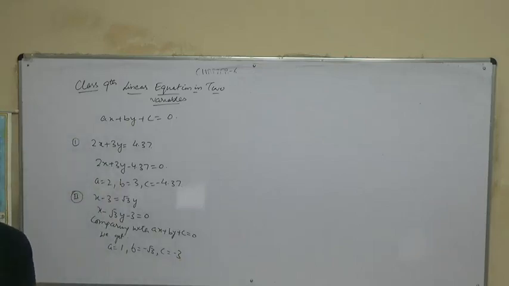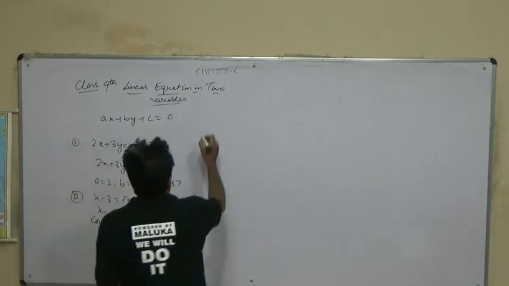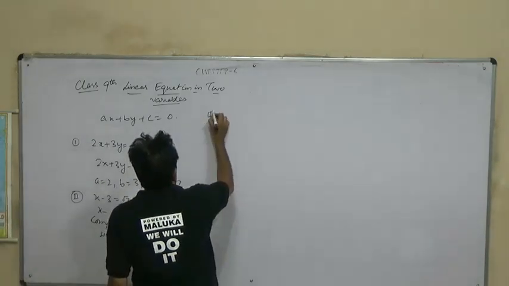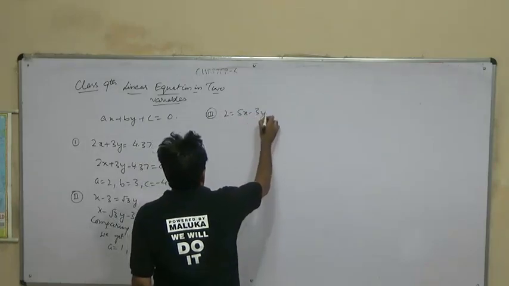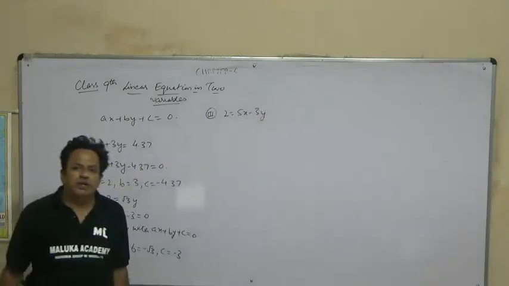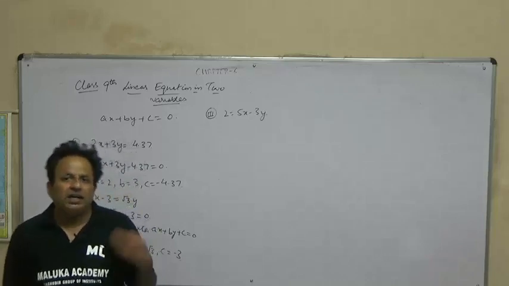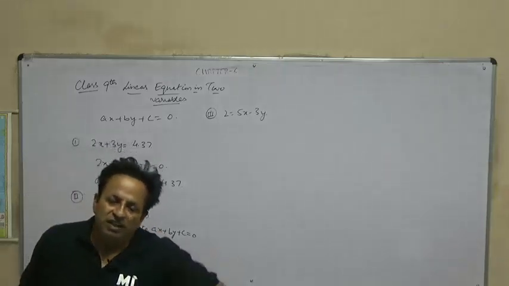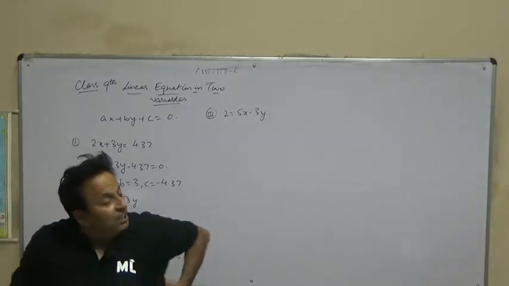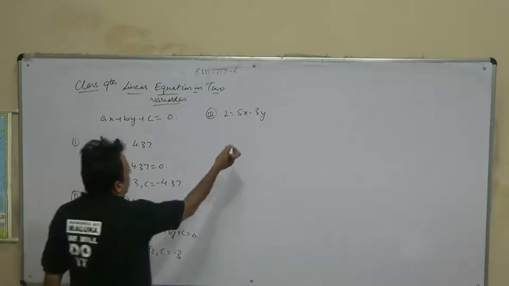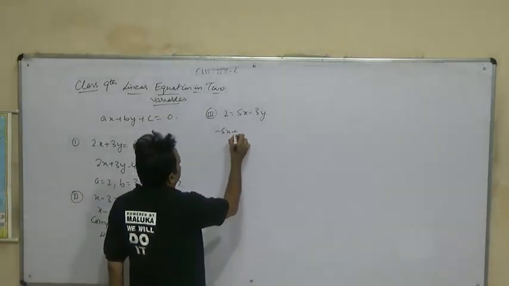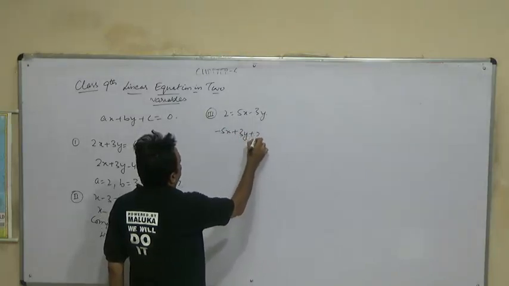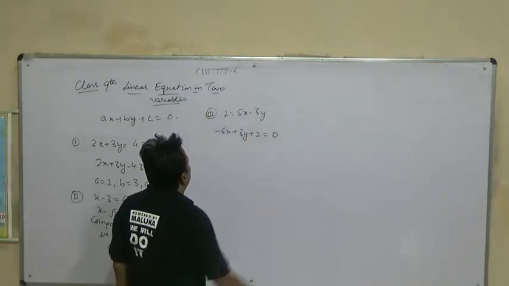Likewise, we have got the third part here, 2 is equal to 5x minus 3y. Here again we have got terms of x and y on the right hand side, which have to be taken to the left hand side with the opposite signs. So it will be minus 5x plus 3y plus 2 equal to 0.